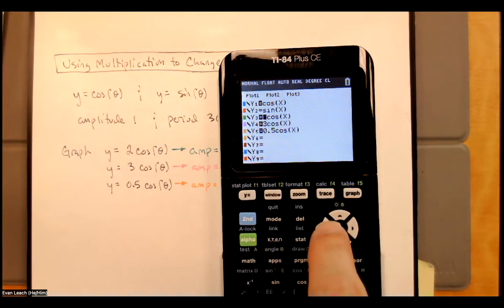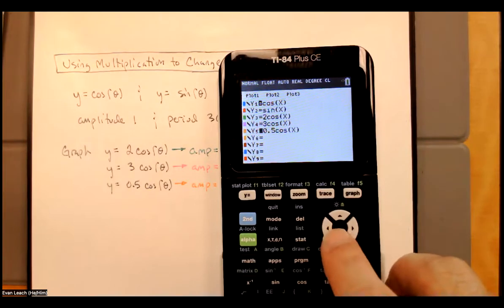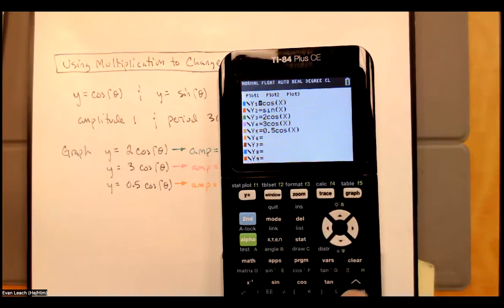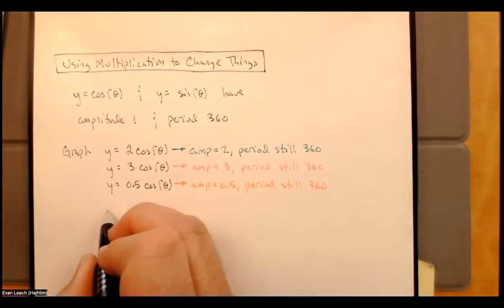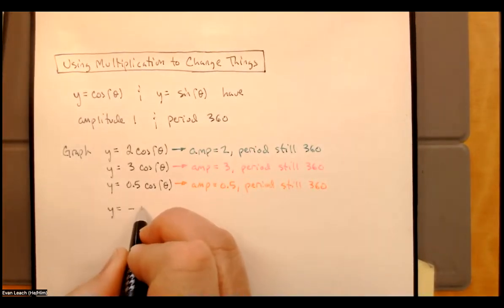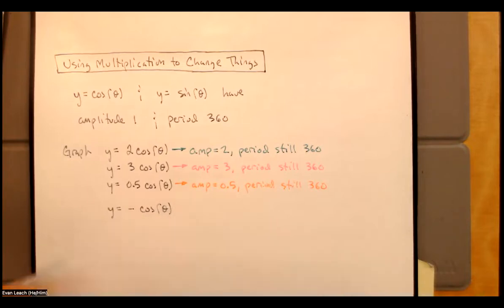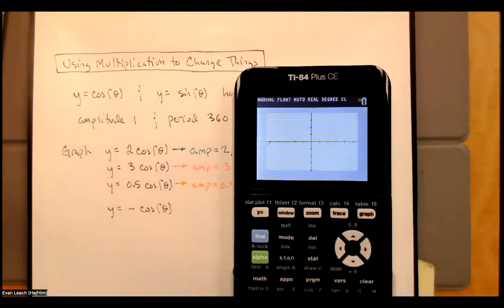Let's go ahead and turn these off. So we've got the 2, we got the 3, we got the 0.5. Now I want to change the coefficient to a -1 to see what that does. So here's the graph of cosine again in blue.